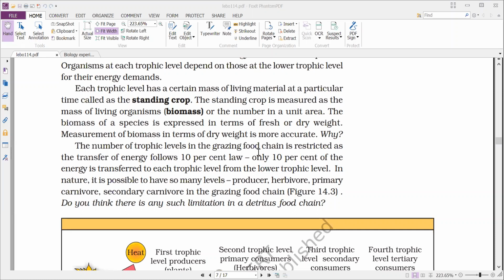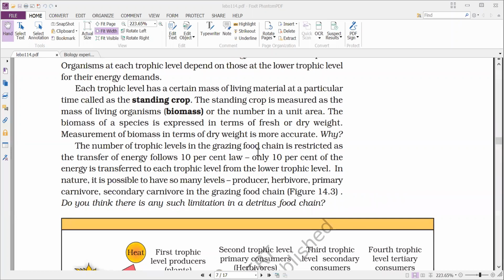Remember one thing, water has no role in providing energy. That means the water molecule will not provide any energy, but it helps in releasing energy by participating in certain biochemical reactions.